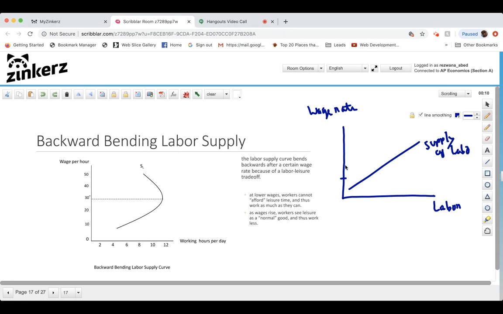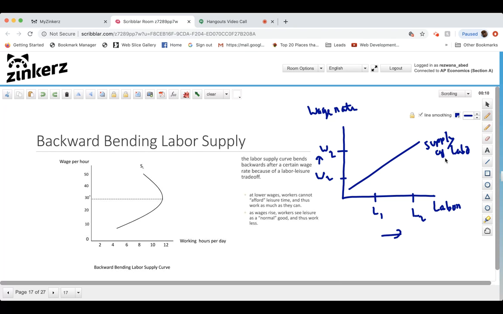So it means that the higher the wage, the more they're willing to work. Exactly. If there's a direct relationship between wage and labor, it means that as wages increase, people are willing to work more hours, right?